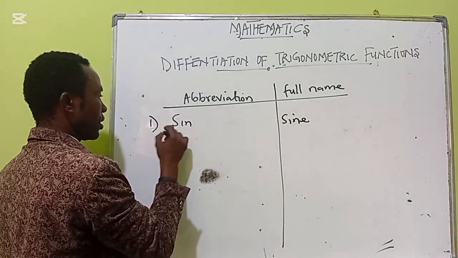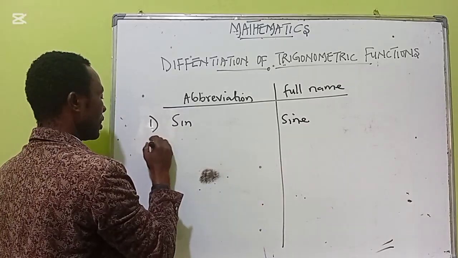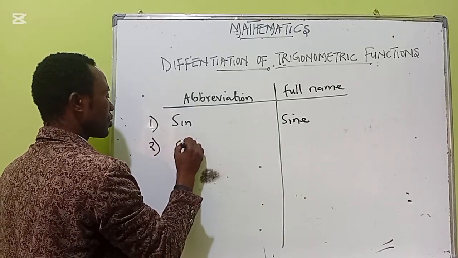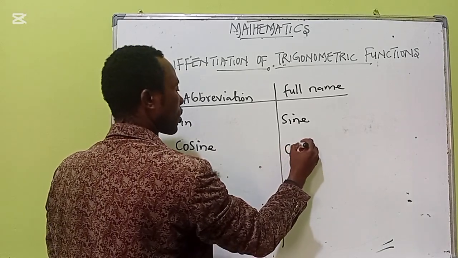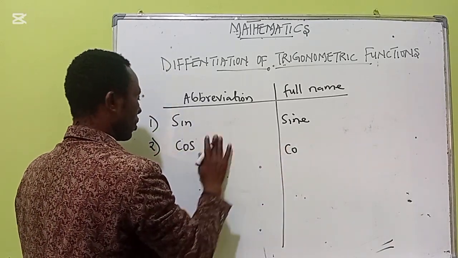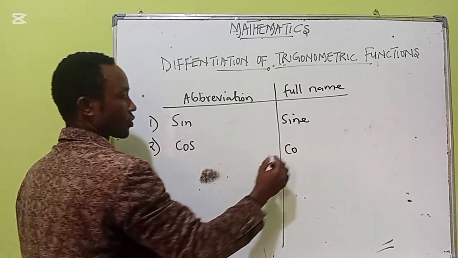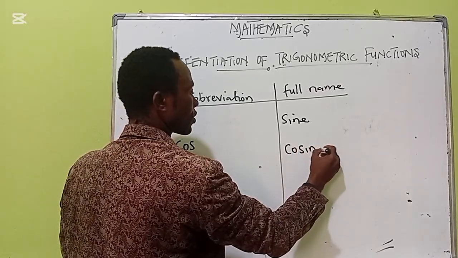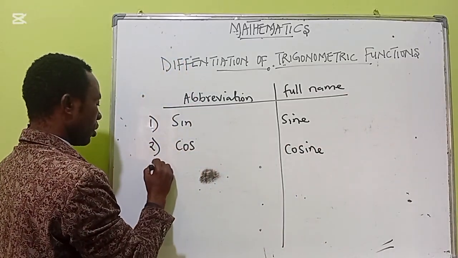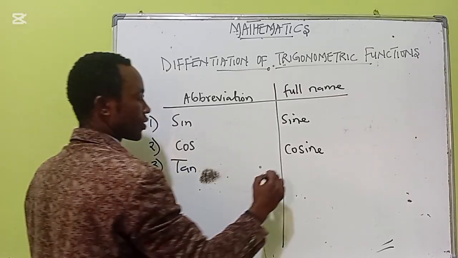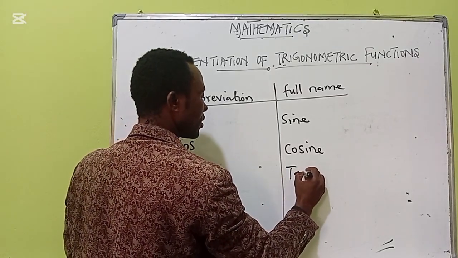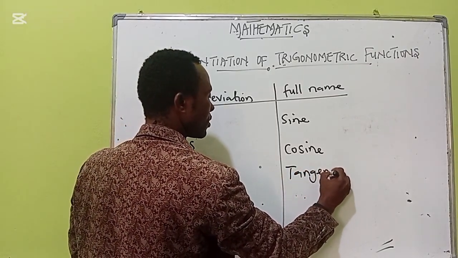Then number 2 is cosine, written as cos. Number 3, we have tan, which is written in full as tangent.